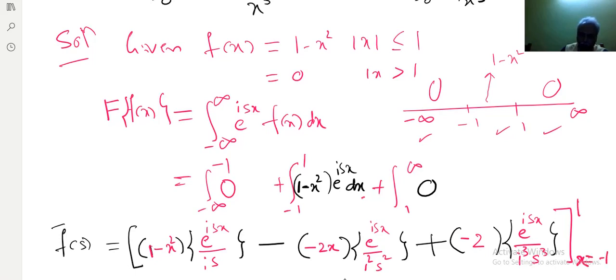So everywhere upper limit minus lower limit, upper limit minus lower limit, upper limit minus lower limit. So let us do it very, very carefully.